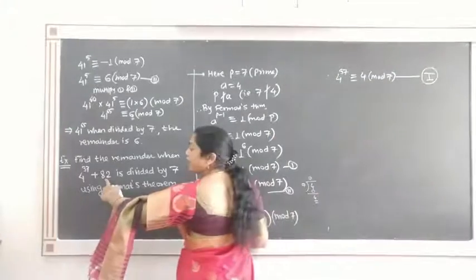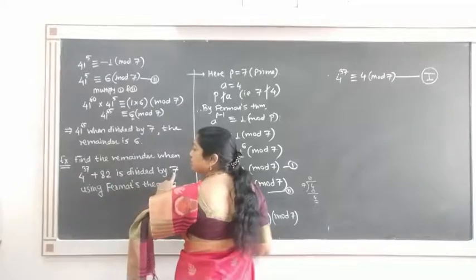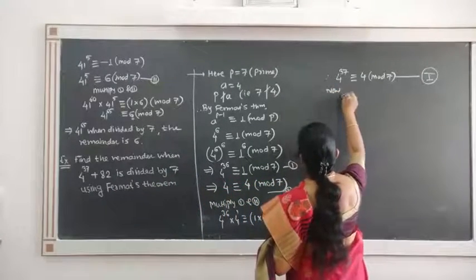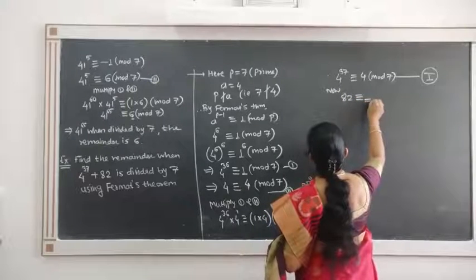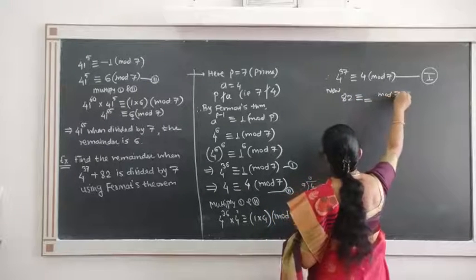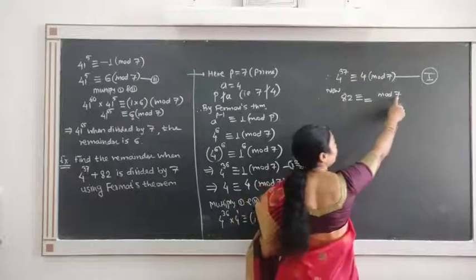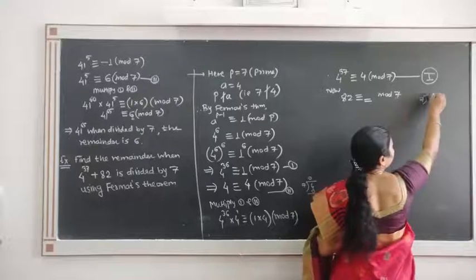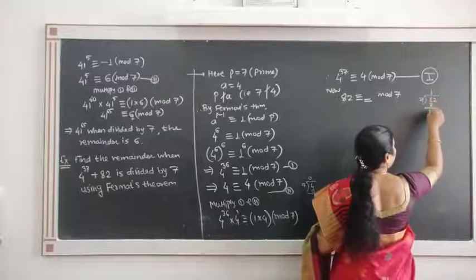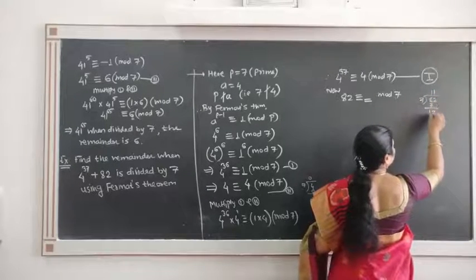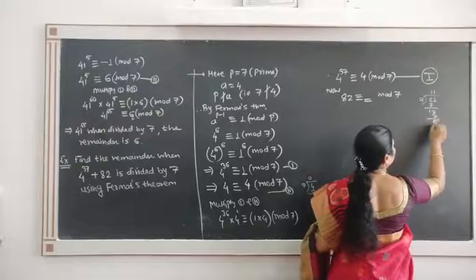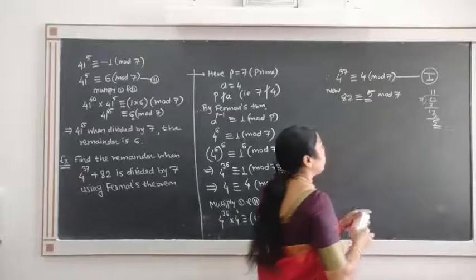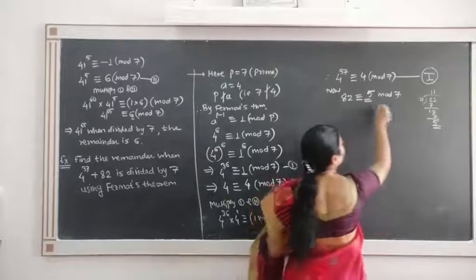Now we will find 82 when divided by 7. What is the remainder? Now 82 is congruent to what modulo 7? When you divide 82 by 7, we get 11 and the remainder is 5. So we have the remainder to be 5.